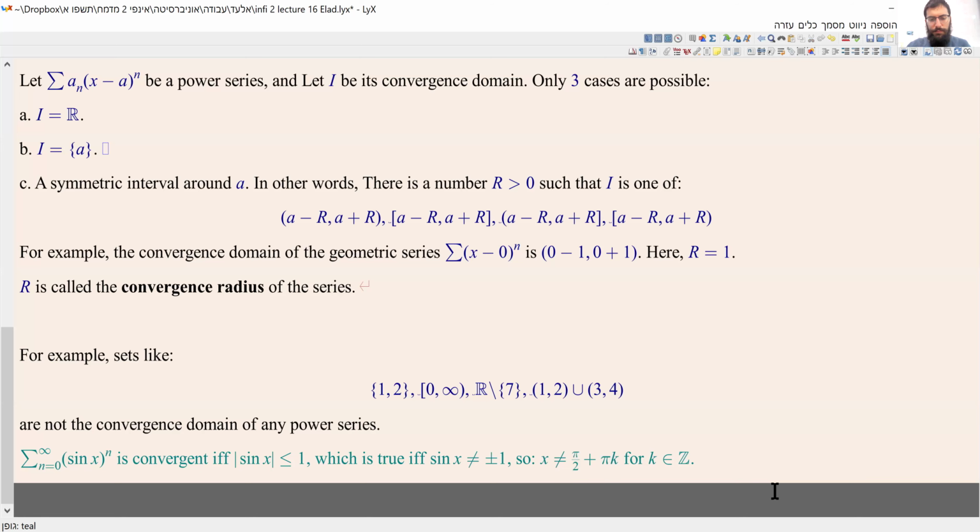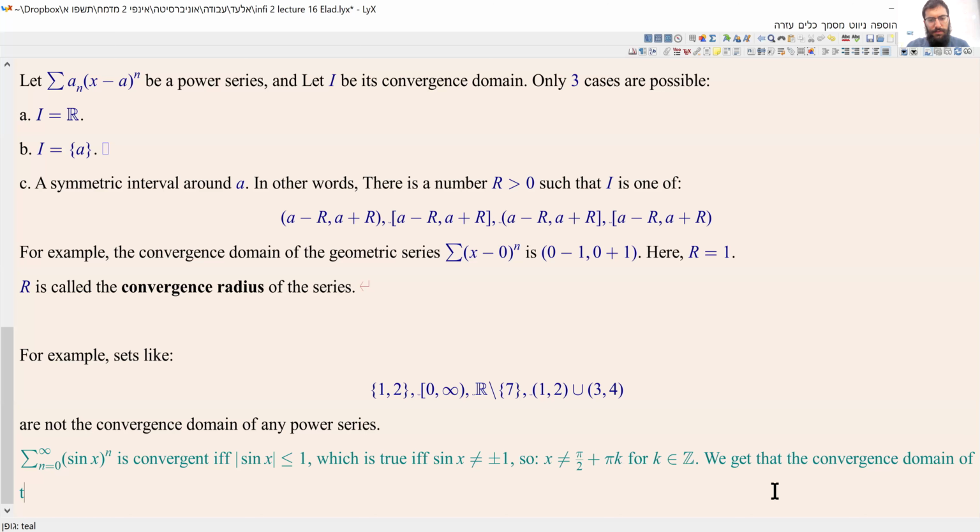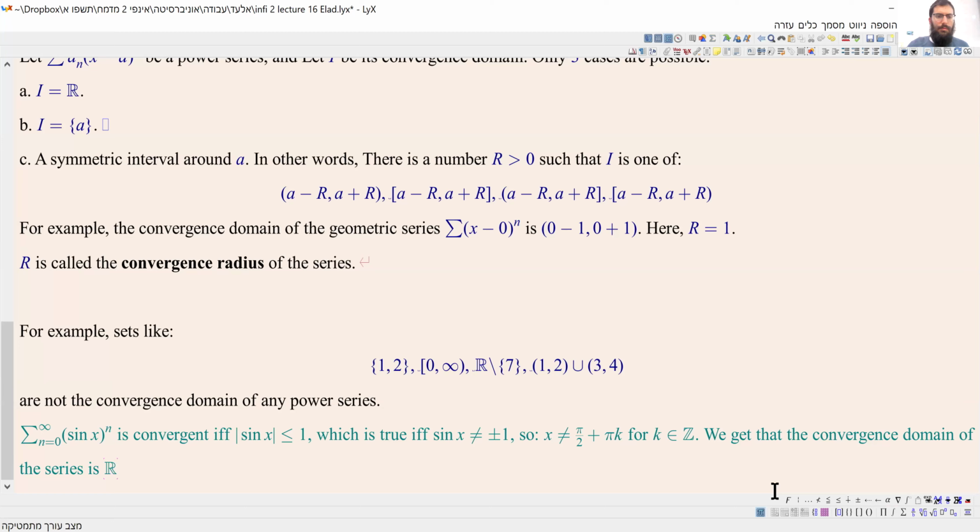So here we get that the convergence domain of the series is all of R without the points of pi over 2 plus pi k.